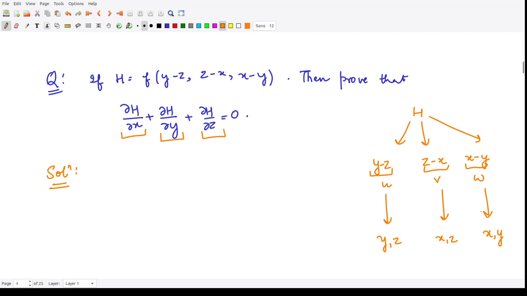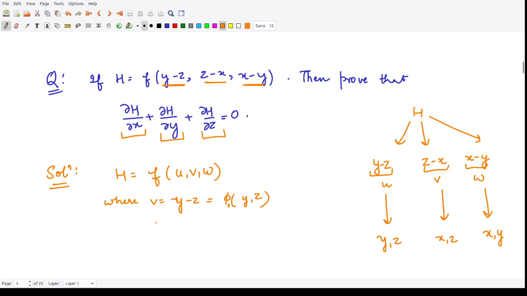So if h is equal to some function of u, v, w, this is not given to you, but because it is of this form, y minus z, z minus x, and x minus y, you write it in this form. So u is y minus z, some function phi 1 of y and z.